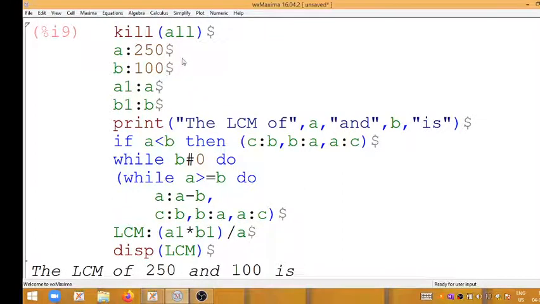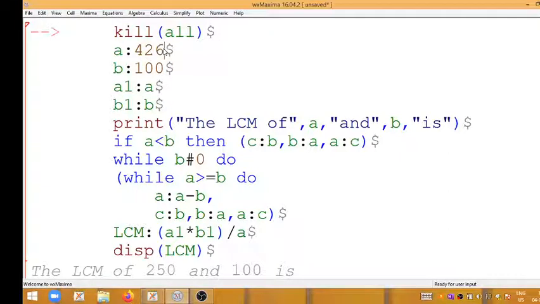For the third problem, 426 and 300, again we change the A and B values.